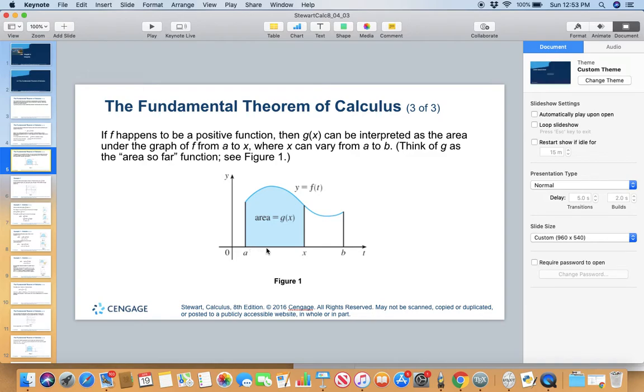As x changes, you get more and more area because my graph is all above. If I go below, then I start subtracting as well. You understand? So basically, as x changes, my area changes. So think of g as the area-so-far function.